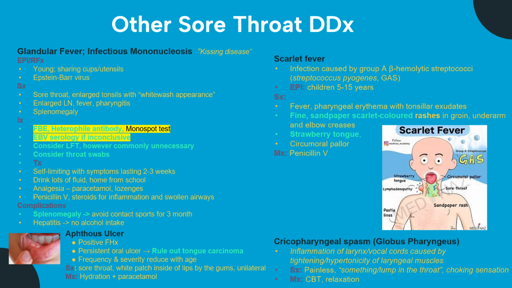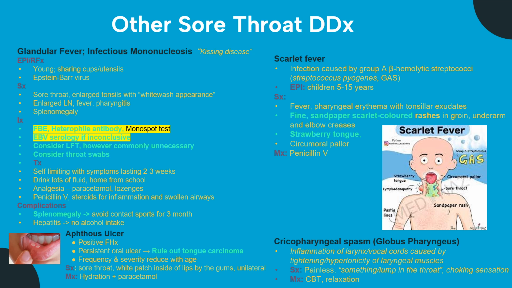So scarlet fever. It's an infection caused by strep pyogenes, and most commonly in children 5 to 15 years old. There are quite a few symptoms that you can have. You can have fever with a red erythematous pharynx, as well as around the tonsils. You can have that kind of exudate.